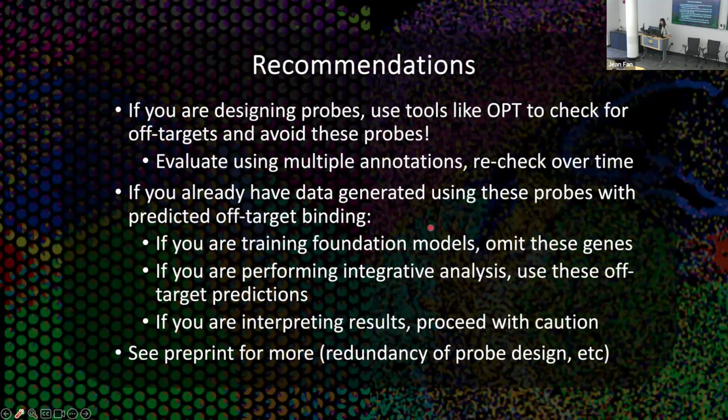So just some recommendations going forward, for the technology development folks in the audience, if you're designing probes, we do encourage you to use tools like our off-target probe tracker to test for these off-targets. One thing that we emphasize in the paper that I didn't really emphasize in the talk is the importance of using many reference annotations. So these annotations do change over time.